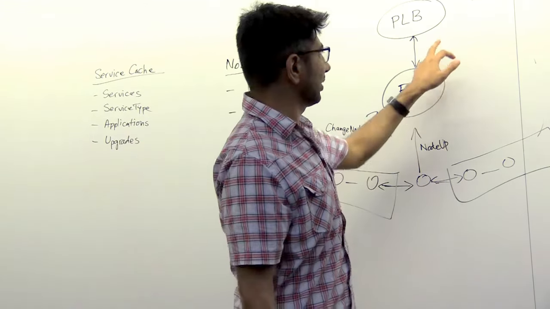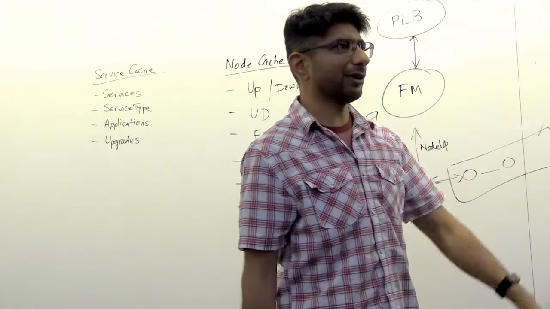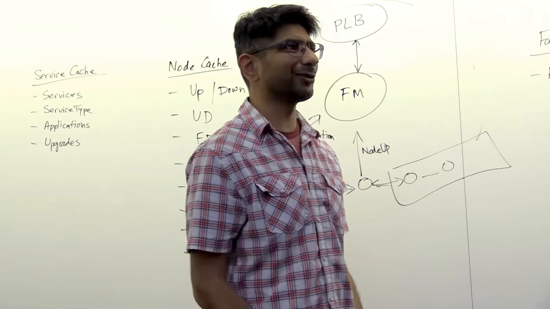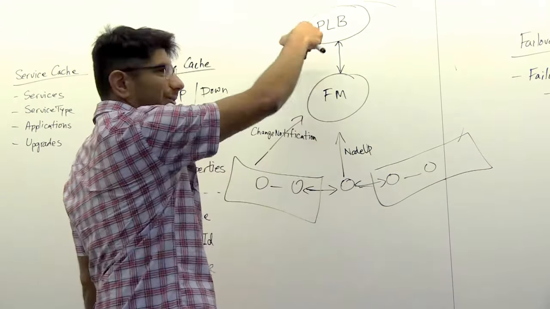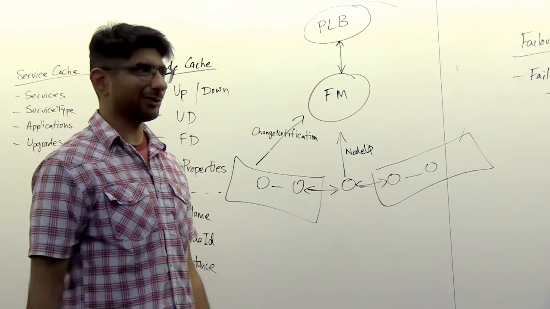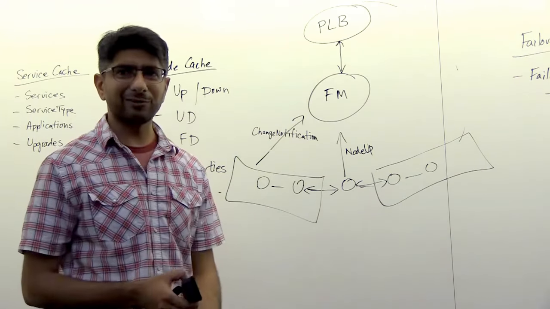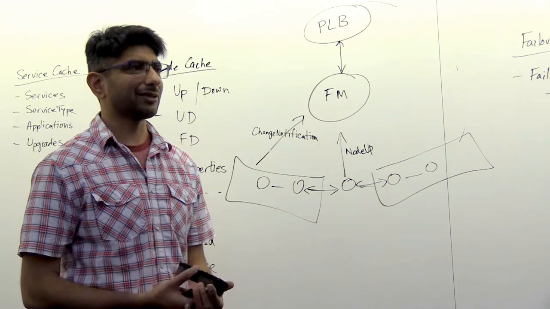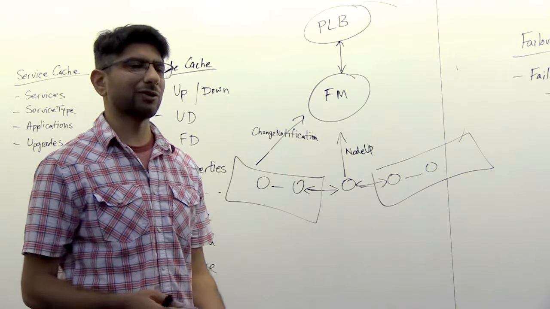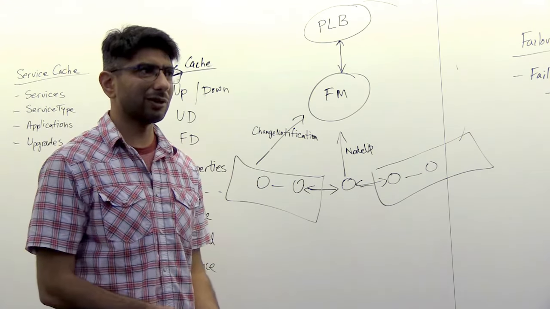So FM says to PLB, I have this partition, but I need 3 replicas and I don't have them. PLB runs its algorithms. It knows exactly where we have more capacity in the cluster, or which nodes are less overloaded.